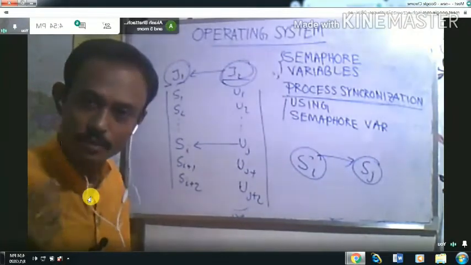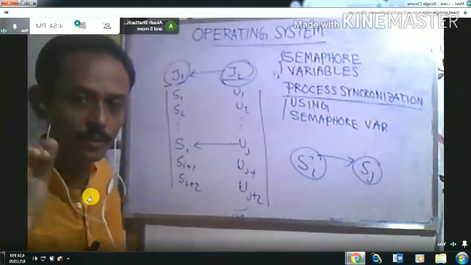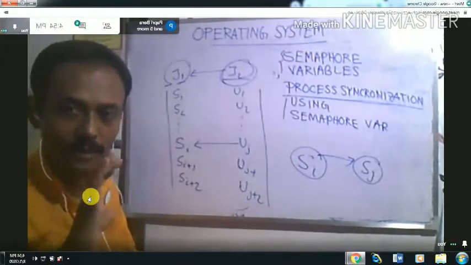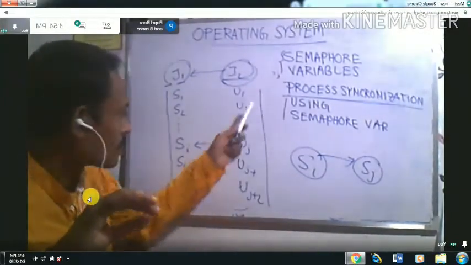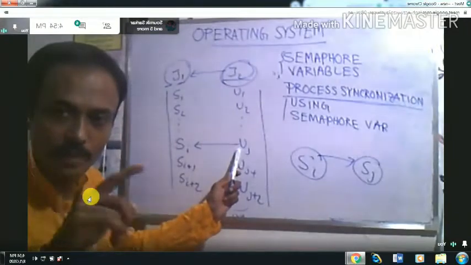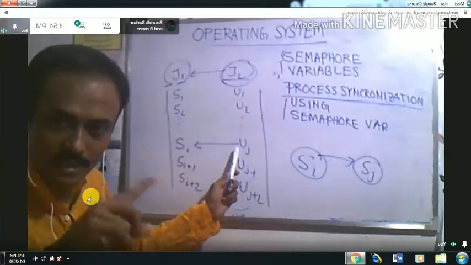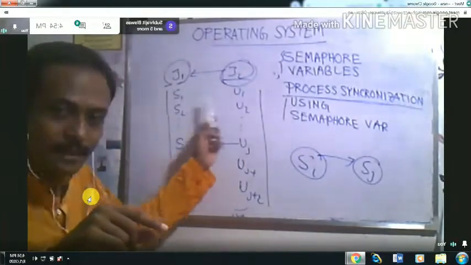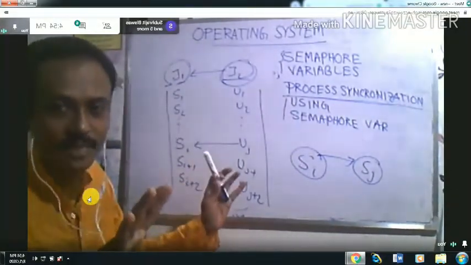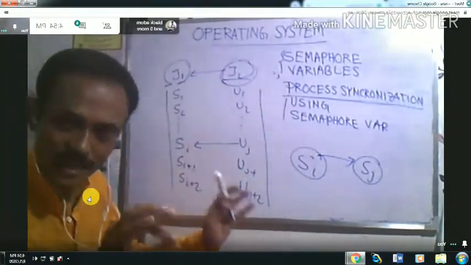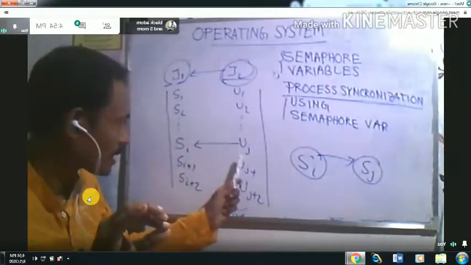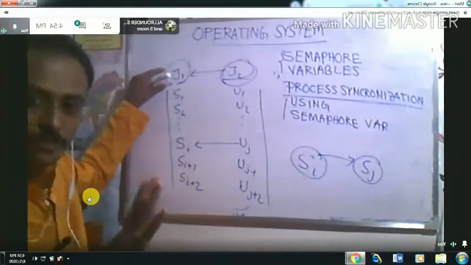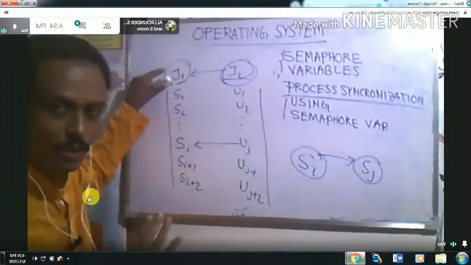Yes. If we use the semaphore, then this kind of thing can happen. That means until the dependent statement comes, these two processes can execute simultaneously, concurrently. And when there is a synchronization, then we will stop the execution of this process. Why?